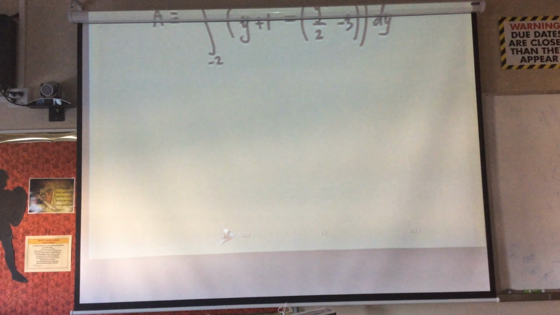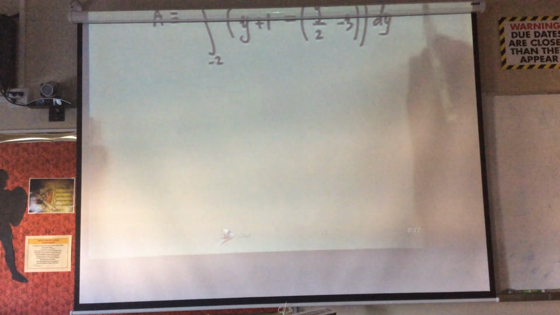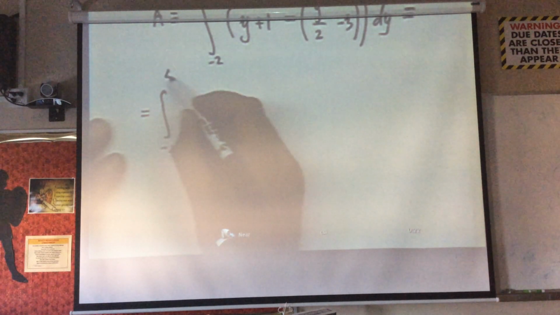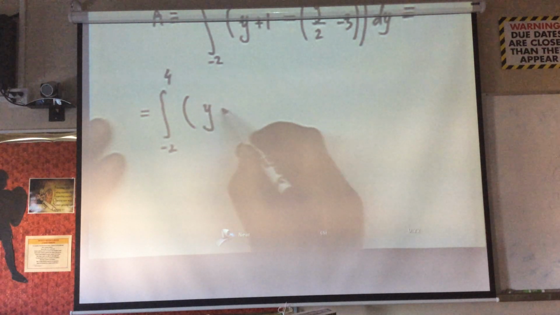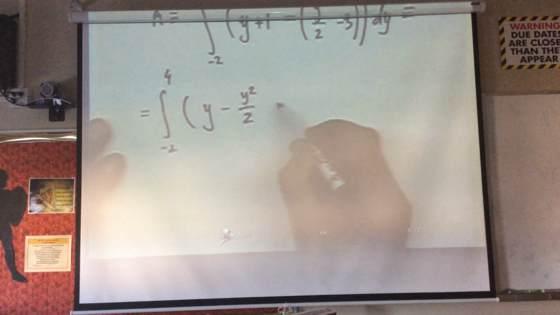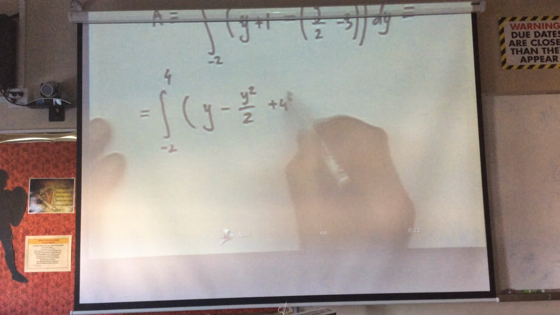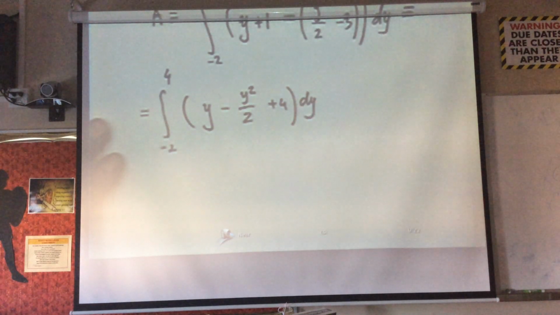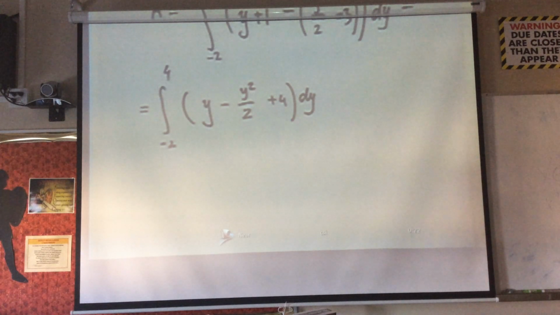Here, for areas between the curves, you are making the decision. If you want to have a smaller problem, maybe look from a different point of view. So to finish this, we have the integral from negative 2 to 4 of y minus y squared over 2 plus 4, since negative gives you positive here, plus 4 dy. So this is my integral.